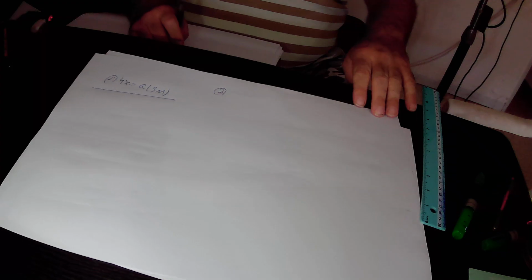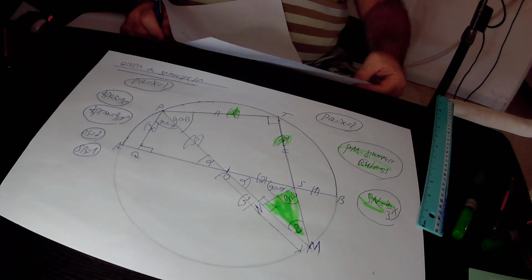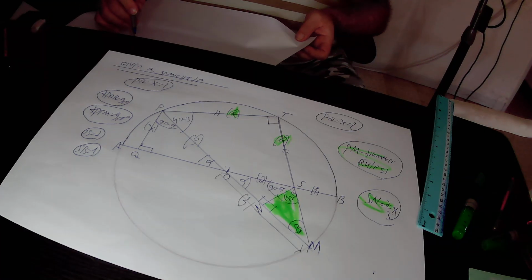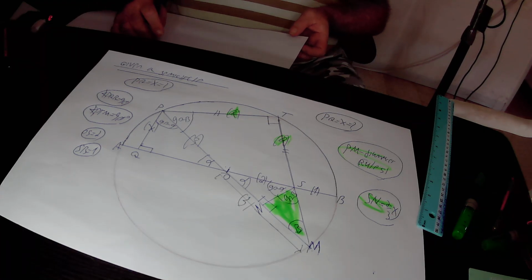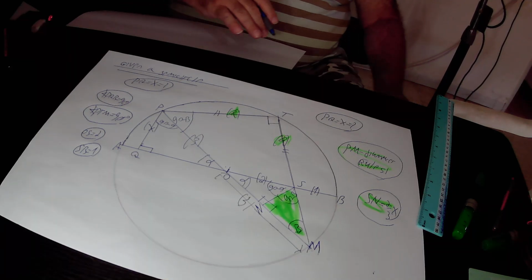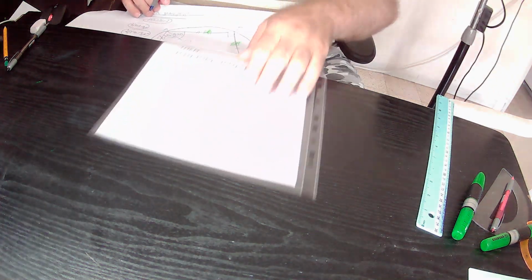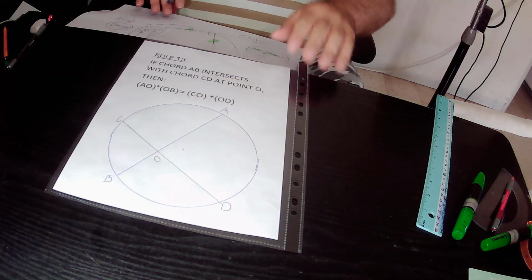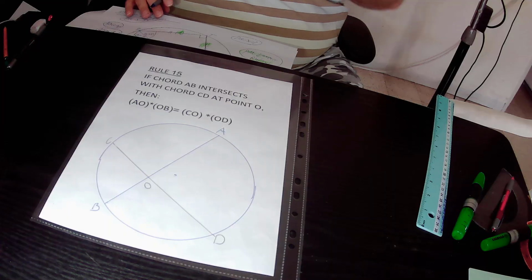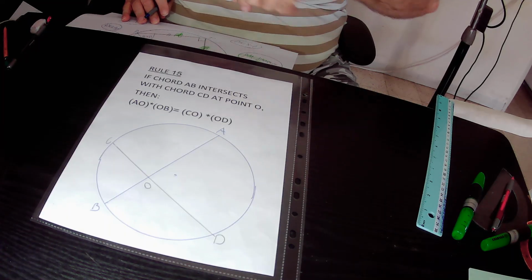In the next step, I present to you the rule that we already talked about in the previous lessons. This is actually rule 15, and we will implement rule 15 in our drawing. According to rule 15, if chord AB intersects with chord CD at point O, then the following equation is true: AO times OB equals CO times OD.